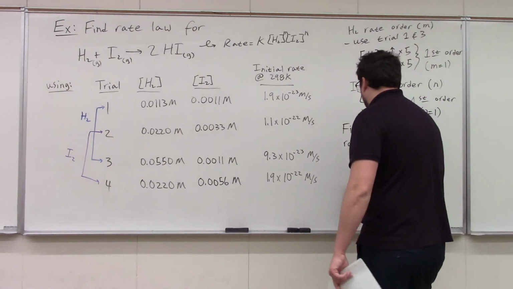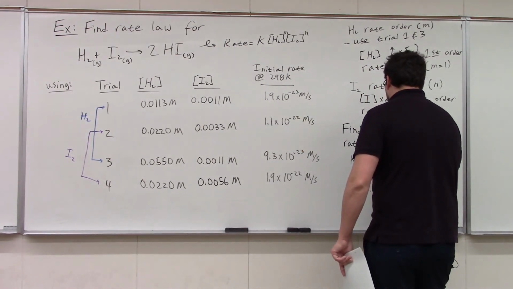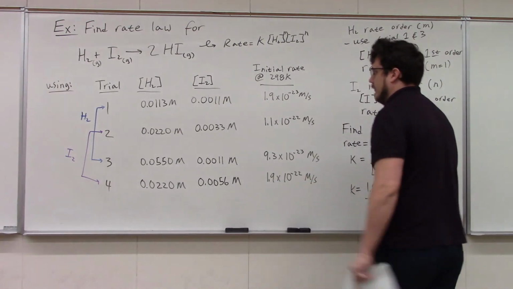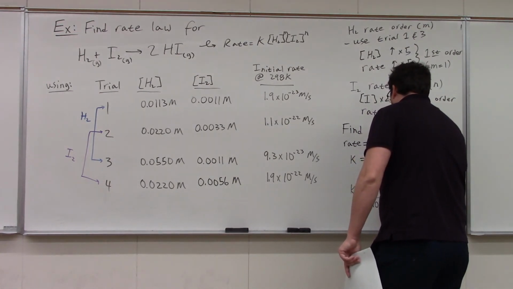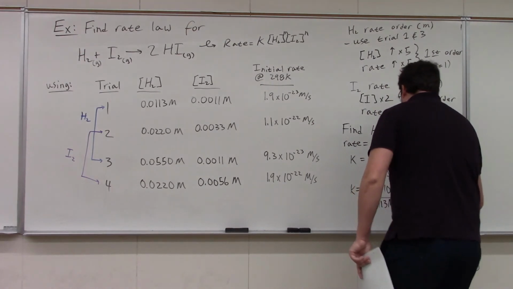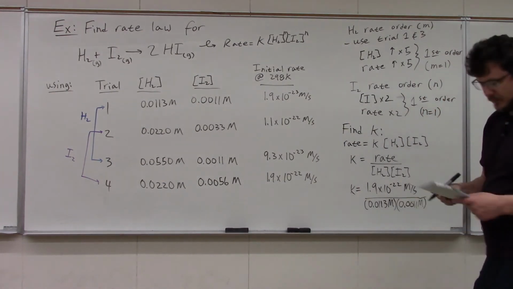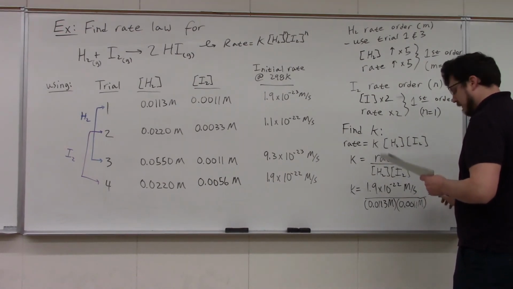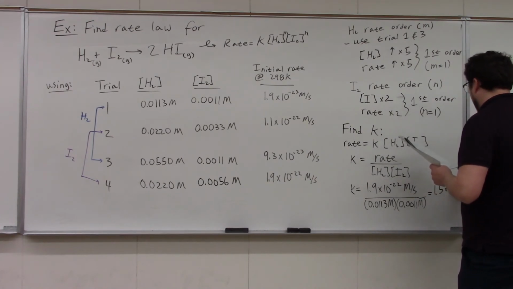So k is equal to 1.9 times 10 to the minus 22 molarity per second divided by concentration of H2, which is 0.0113 molar, times concentration of I2, which is 0.0011 molar. I just plug all my numbers in, and then I solve, and I get 1.5 times 10 to the minus 18.